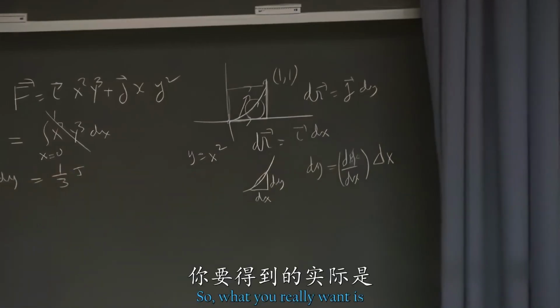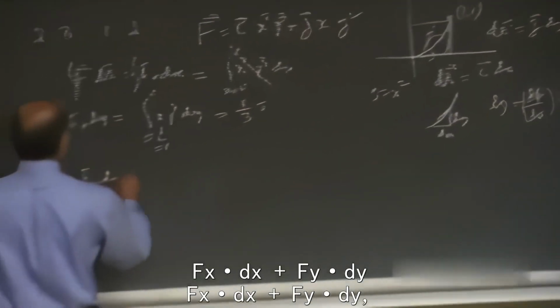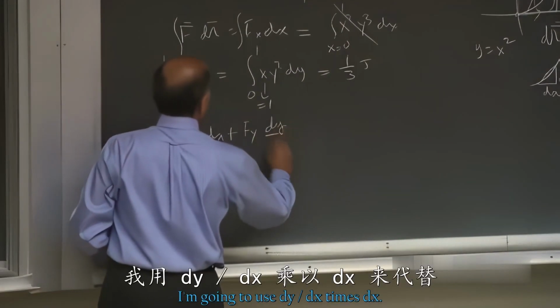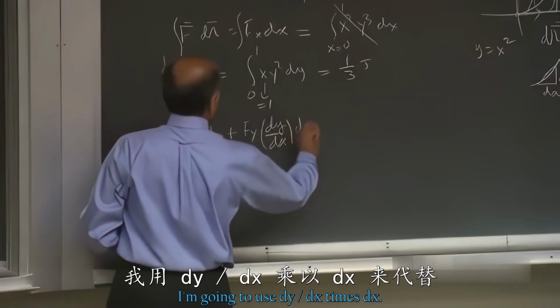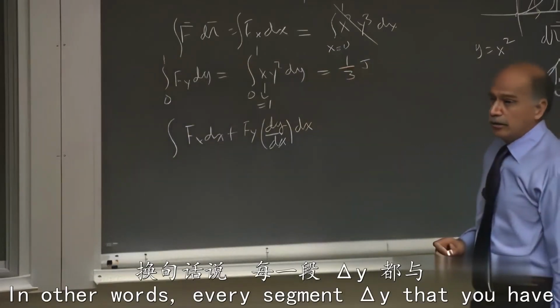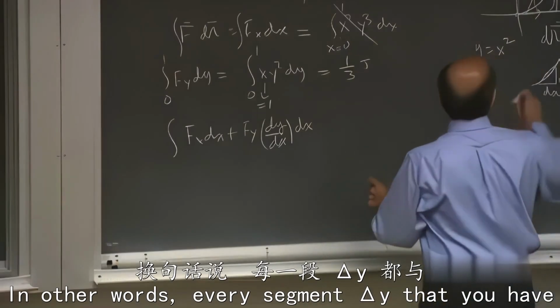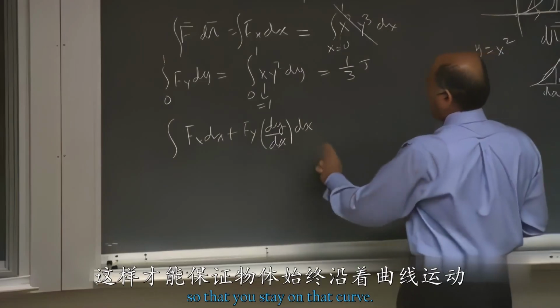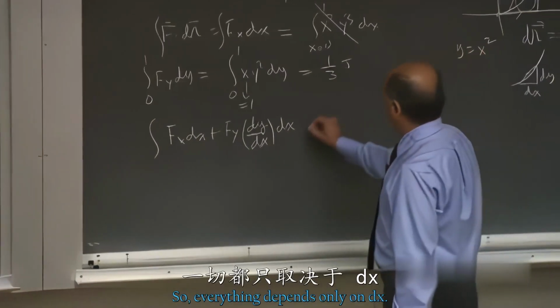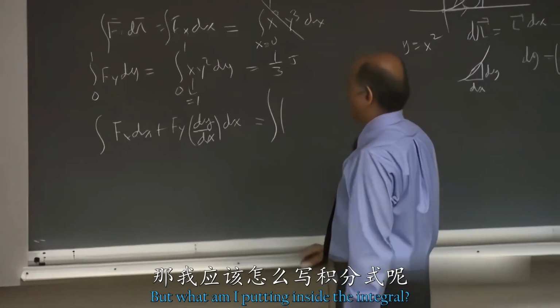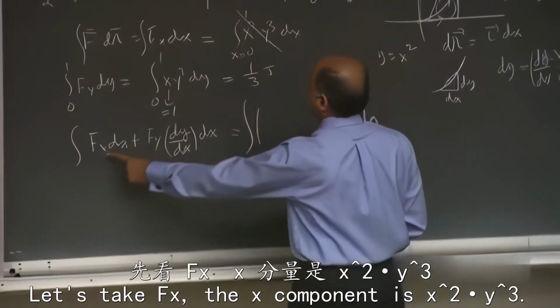So what you really want is fx dx plus fy dy, but for dy I'm going to use dy/dx times dx. In other words, every segment delta y that you have is related to the delta x you took horizontally so that you stay on that curve. So everything depends only on dx. But what am I putting inside the integral? Let's take fx.